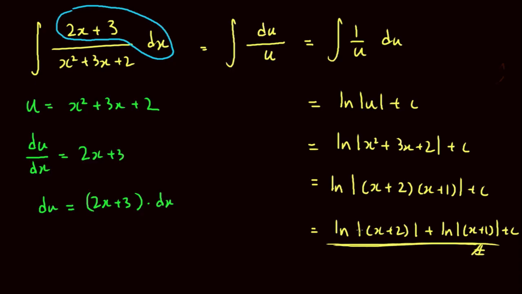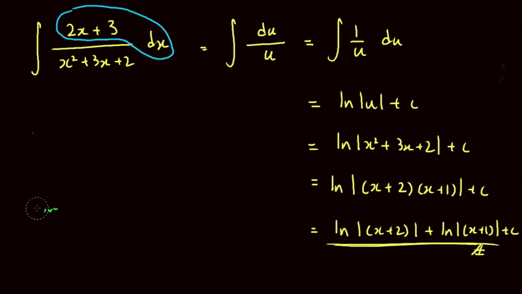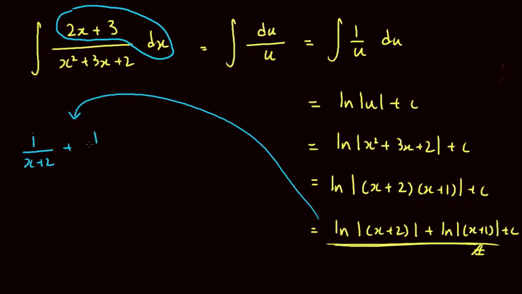And let's say you're not sure if this answer is right. What we can do is a quick differentiation, so that we are sure that it's right. Let's find the derivative real quick. We end up having 1 over x plus 2 plus 1 over x plus 1.